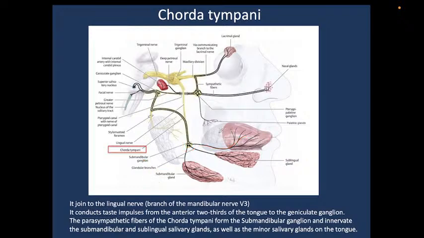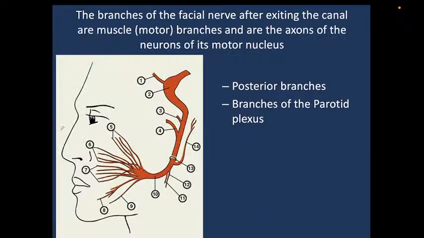If you see, the tongue has this area, about 2/3 of the tongue, and it is innervated by the chorda tympani. This sensation is taste, not common sensitivity, not pain, not tactile sensation, but only taste impulses follow through the chorda tympani.